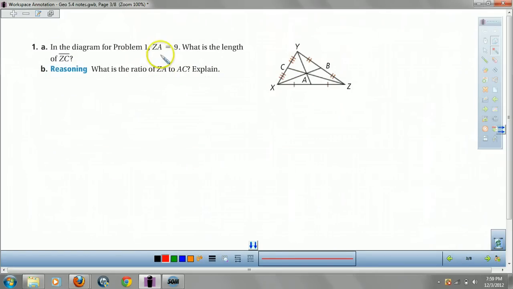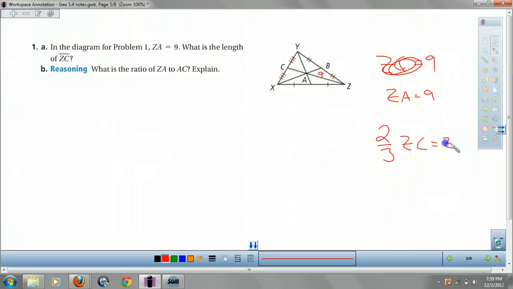Okay, so again, the medians, that centroid is 2/3 the way across a median. In the diagram for problem 1, ZA equals 9. What is the length of ZC? So again, ZA equals 9, right? That means you set up the equation 2/3 ZC equals ZA, and ZA equals 9.